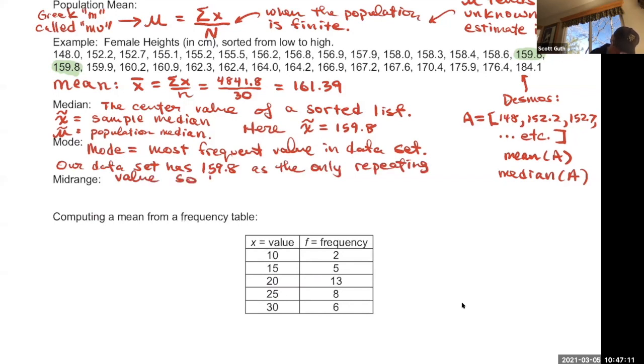So 159.8 is the mode. That's not really a computation, it's just scanning through a list.